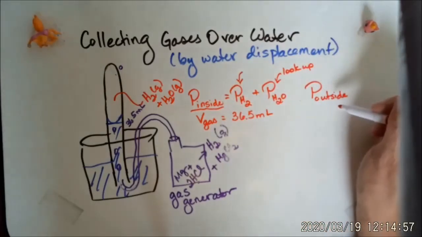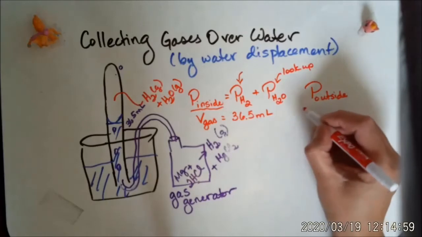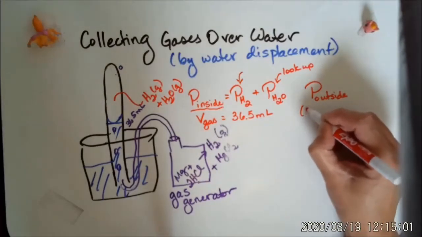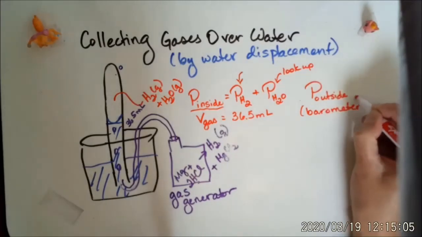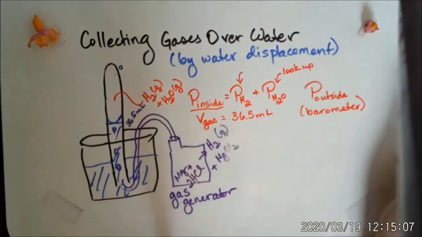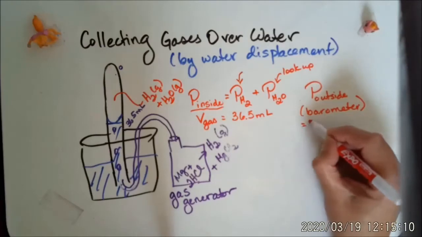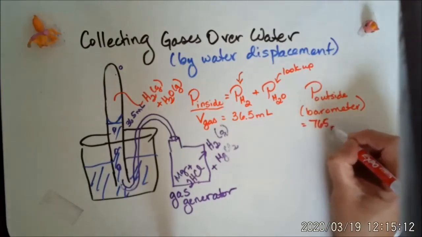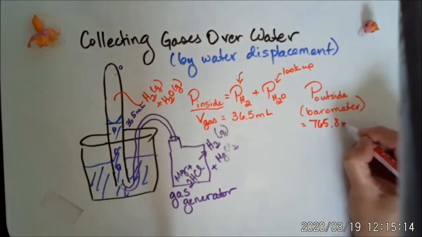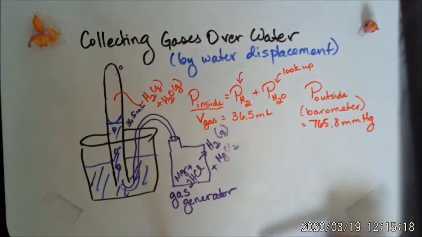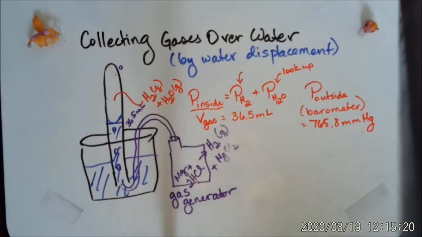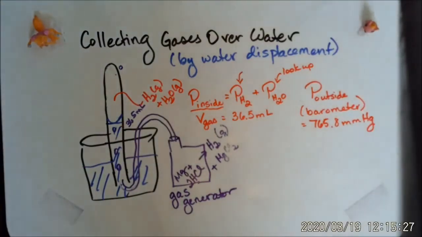So you need the outside pressure, and that's from your barometer. Okay? So suppose we read our outside pressure, and it's something like 765.8 millimeters mercury. Okay, and you would basically read your barometer, just like we talked about in experiment 13.